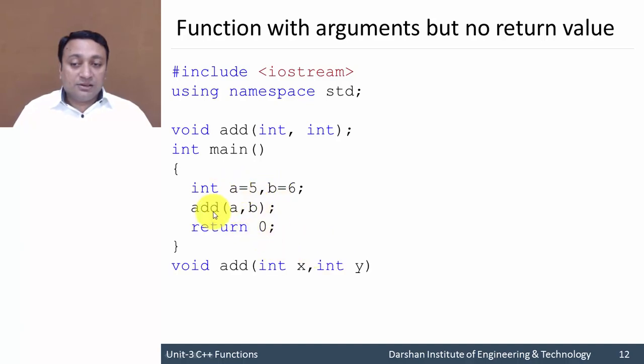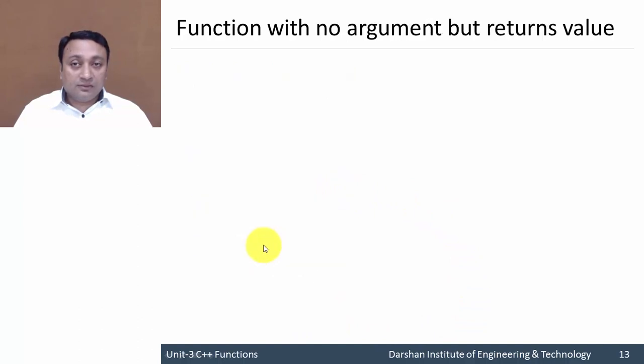Control will jump to the function definition. A will be copied to x, B will be copied to y. So if I write x, it will be 5. If I write y, it will be 6. I am performing addition over here. Rather than returning x plus y, I am printing it here itself. After completing all statements, control will jump to the function call and return 0 and the program will be over.